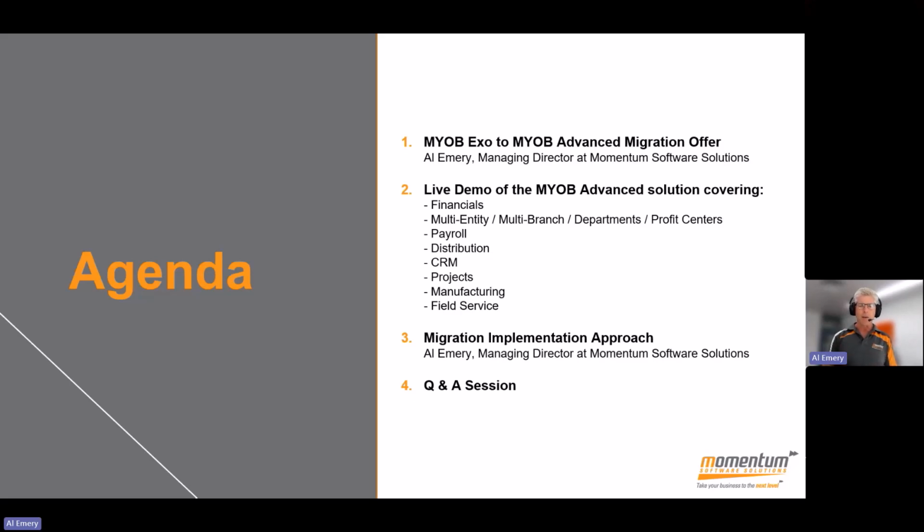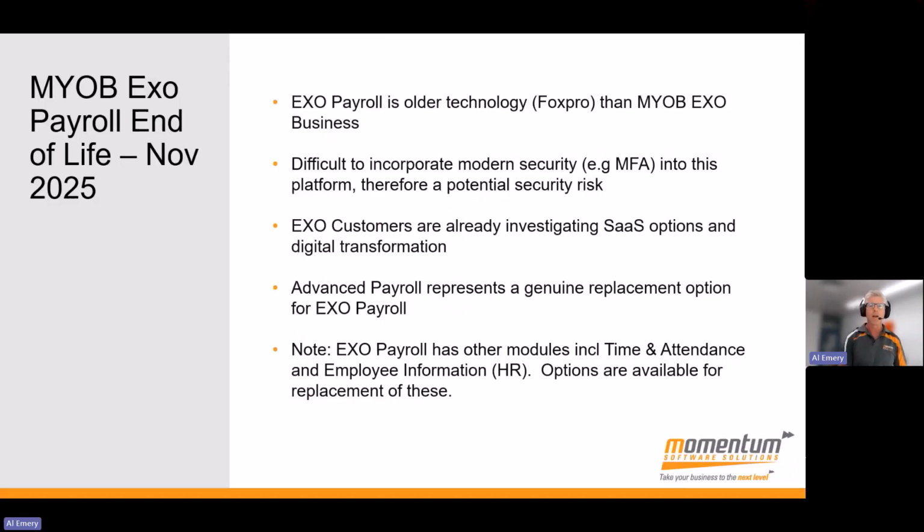And then we're going to do a live demonstration of MYOB Advanced, and we're going to cover the ERP in general, but we also will be specifically showing the payroll and an overview of all the main modules that MYOB Advanced has. And then we'll talk about the implementation approach when we're taking an existing customer that we usually know quite well because we implemented Exo for them, and what's involved in moving across to MYOB Advanced. And plenty of time for Q&A at the end.